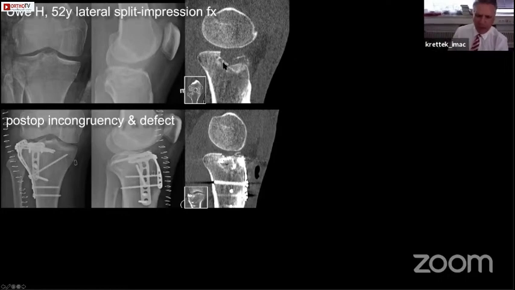So one of my consultants took him to theater and fixed him, and these are the post-operative films, and we see something is behind some metal. And the real information we get again from the CT scan.